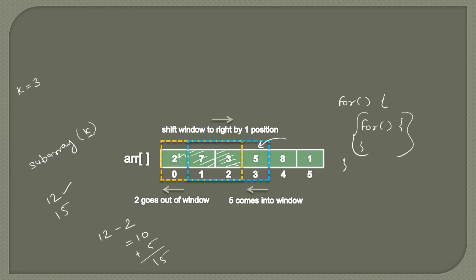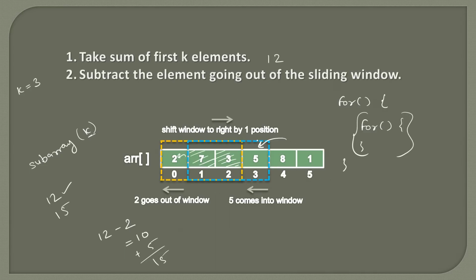So now what we do is, we simply perform 3 steps. First, we take the sum of the first k elements, which is 2 plus 7 plus 3. So let's say it gives the value as 12. Now as we are shifting the window to the next element so that we can evaluate the next window sum, we don't have to recalculate 7 plus 3 plus 5.